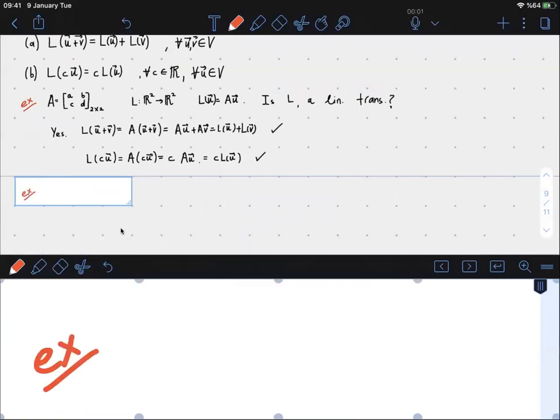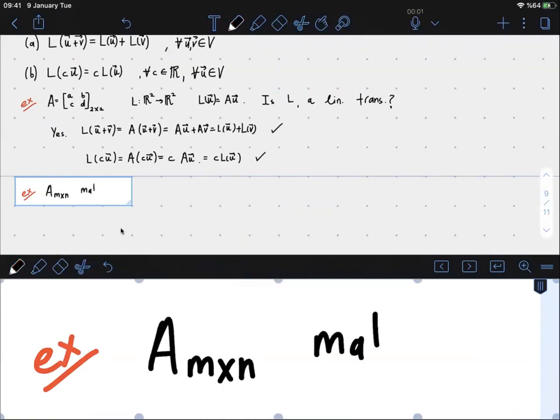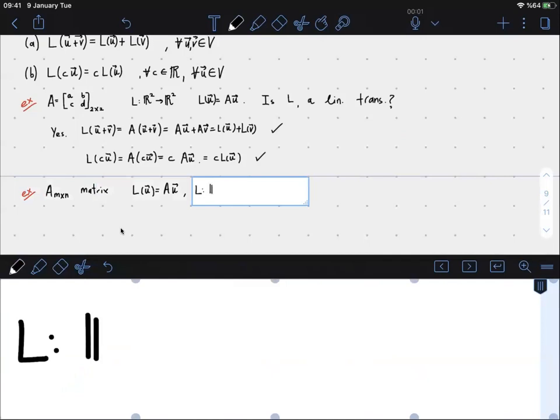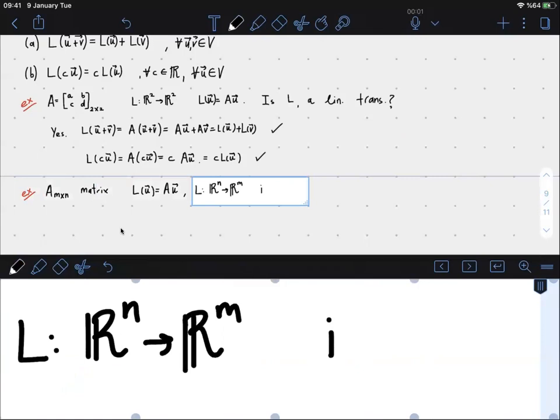So if A is an m by n matrix, and I define a mapping L(U) as A times U, then this L is a mapping taking vectors in Rn to vectors in Rm, and this is always a linear transformation, okay?